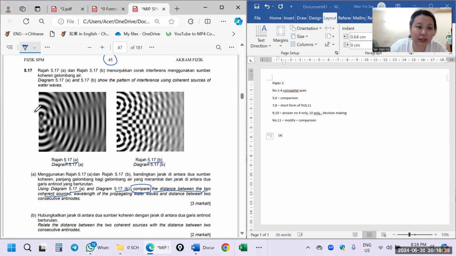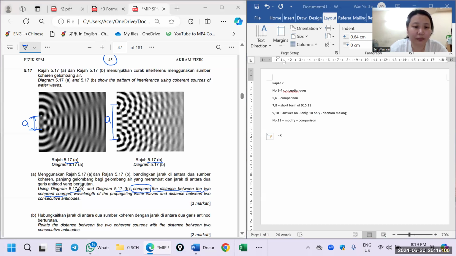So the distance between two coherent sources is here. You can draw it. We call it A. The distance between two coherent sources, we call them A.